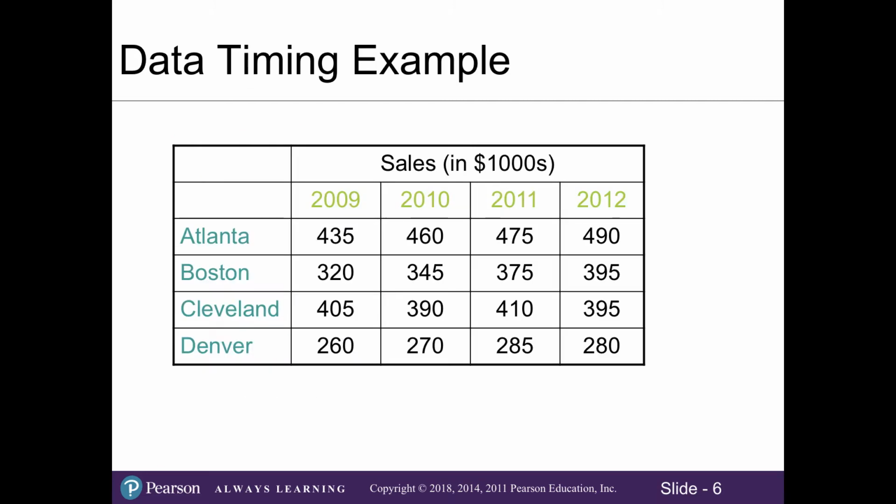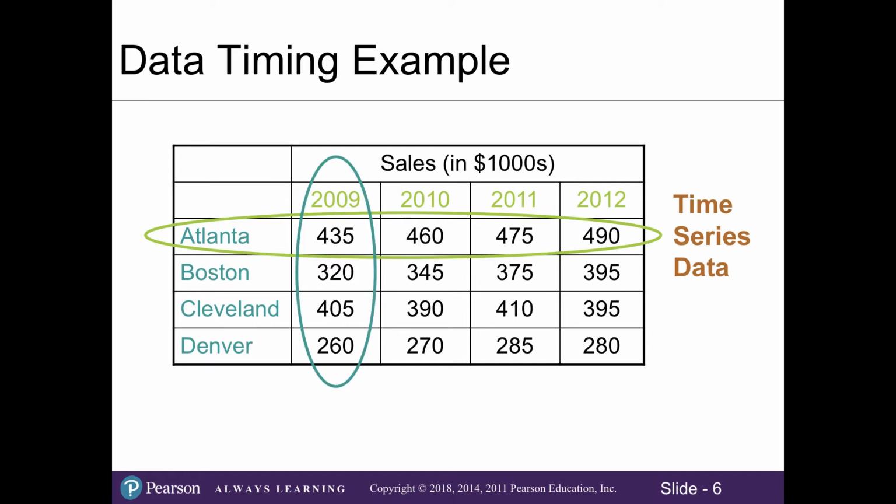So here's an example. We've got sales numbers for 4 different cities over 4 different years. So here we've got circled sales numbers for Atlanta, and that would be considered time series data because we have 2009, 2010, 2011, 2012 data, and we can see how sales have either gone up or down over those 4 years.